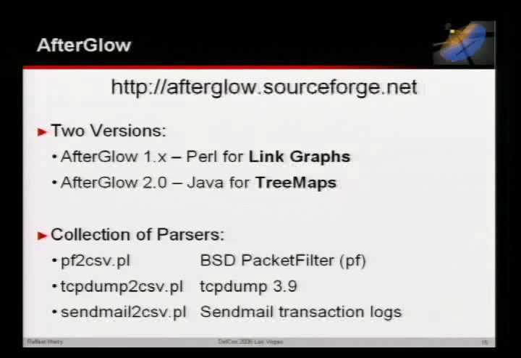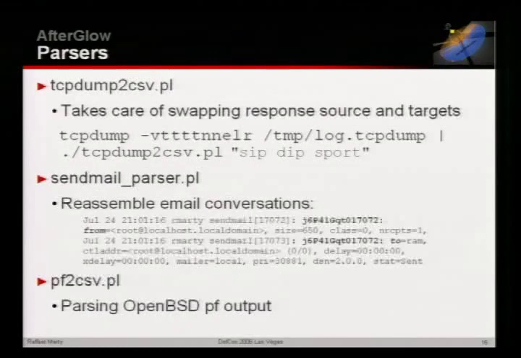There are three parsers: one for the BSD packet filter, one for TCP dump, which I updated to 3.9 recently, so if you're using an earlier version of TCP dump, it might not quite parse anymore, and then one for sendmail. If you look at the parsers quickly, they might actually be quite useful, even if you don't want to do visualization. Here's an example of how to use TCP dump to CSV.